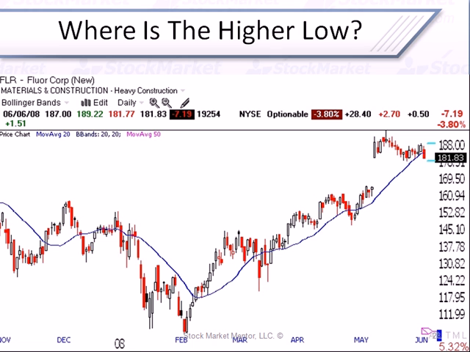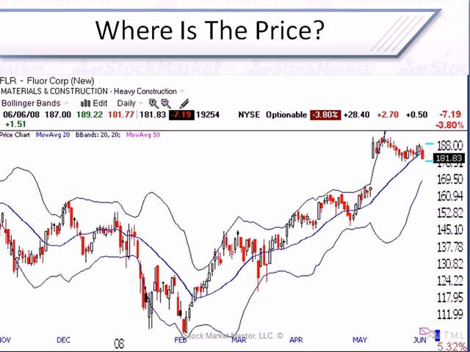Now we put on these Bollinger Bands and you can see that this was actually a higher relative low. An absolute low, nominal low, price low, certainly this was a lower price. But relative to the Bollinger Bands, this was contained by the lower Bollinger Band.